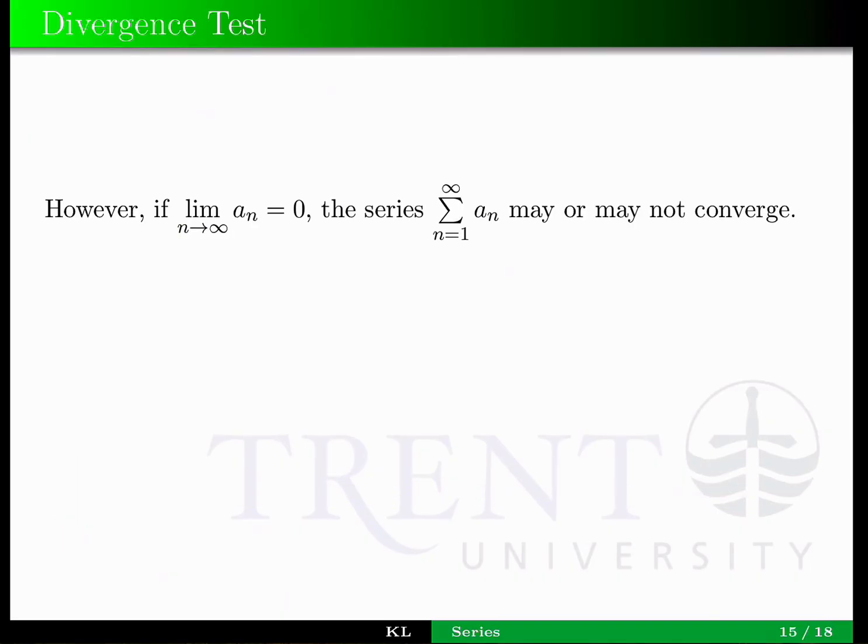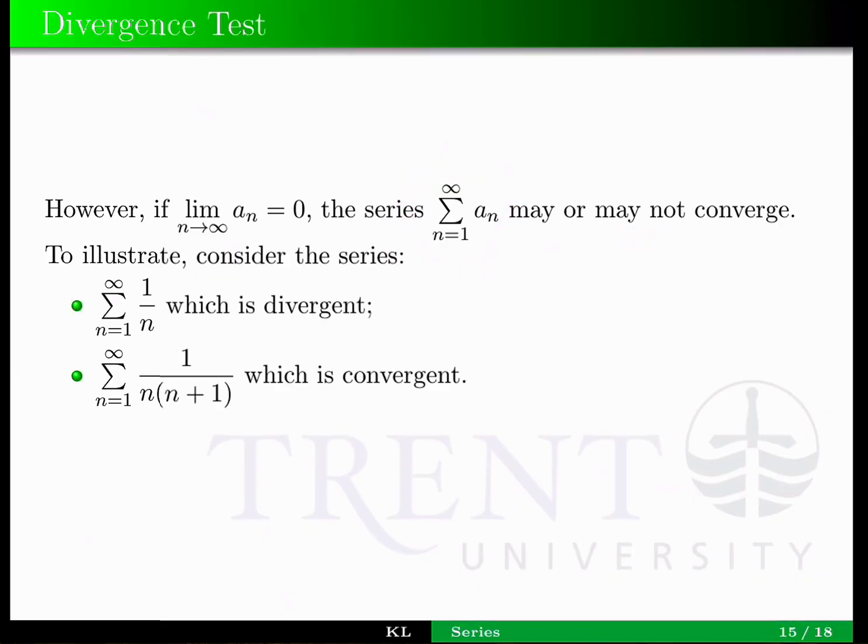However, if the limit of a_n is equal to zero, your series may or may not converge. Okay? Your series may or may not converge if the limit is equal to zero.